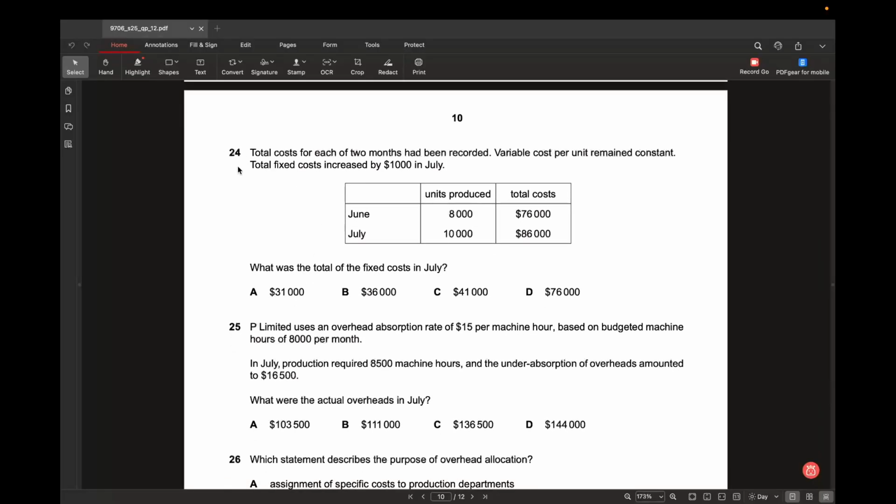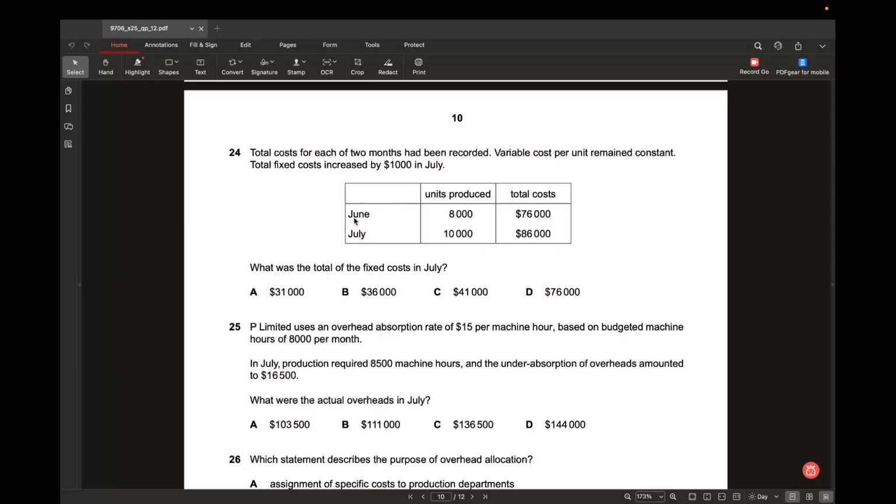Question 24. The total cost for each of 2 months had been recorded. Variable cost per unit remained constant. The total cost increased by 1,000 in July. Variable cost of 1 unit is the same, but the total fixed cost is increasing.